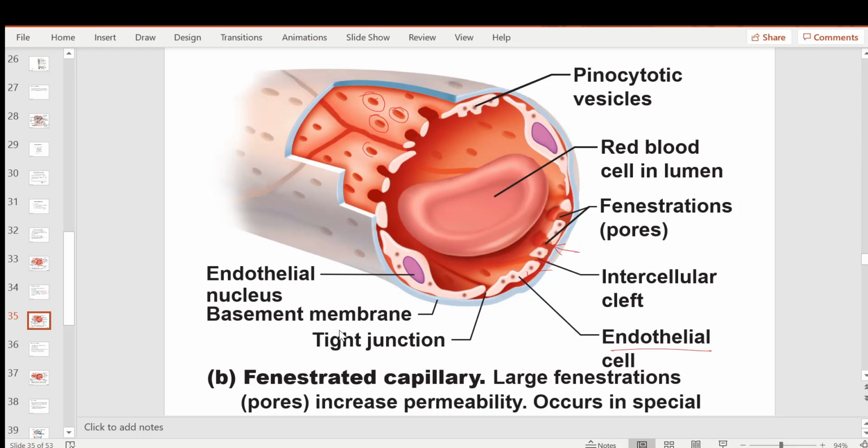So the presence of these pores also makes the wall more permeable. So secretion, absorption, and filtration can take place through the wall of the fenestrated capillary. It's like a filter.